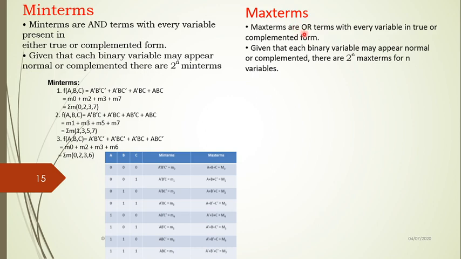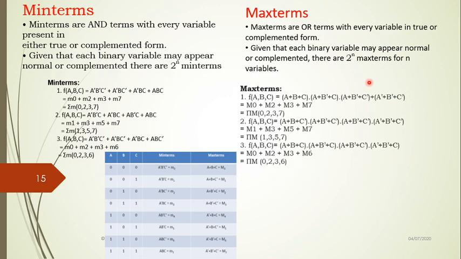But with respect to the standard form, in this canonical form, the difference is that for each and every individual term, every literal has to be present. So, given that each variable may appear normal or complemented, there will again be 2 raised to n max terms for n variables.